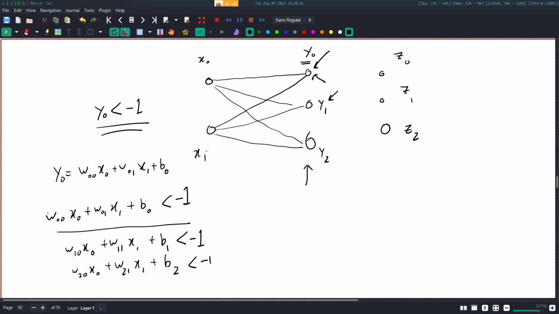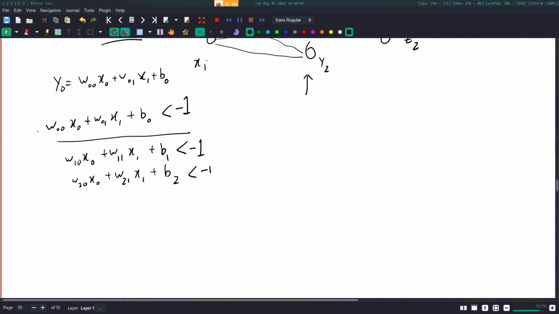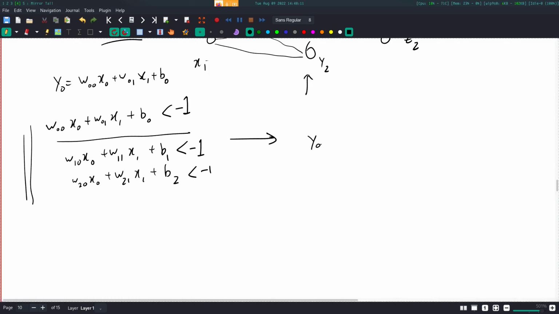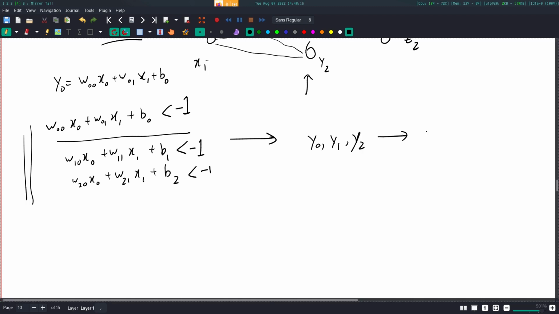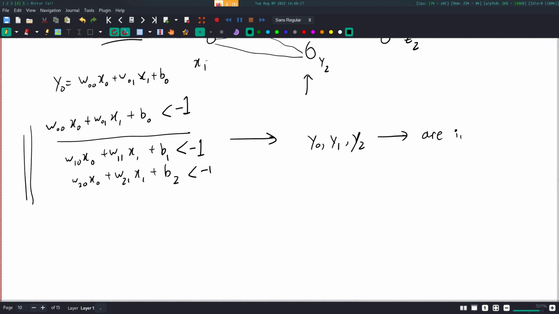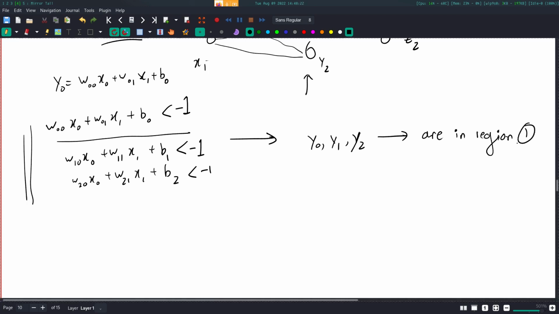So now if our input x0 and x1 satisfies all these three conditions, then we know that y0, y1, y2, all of these are in region 1. Right? So is that okay?